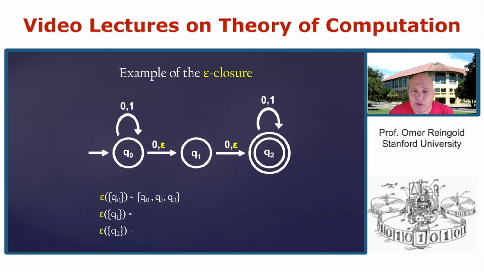So the epsilon closure of the set containing Q0 is Q0, Q1, and Q2. Similarly, the epsilon closure of Q1 is Q1 itself and Q2. But the epsilon closure of the set containing Q2 is Q2 itself only, because there is no epsilon transition starting from Q2.